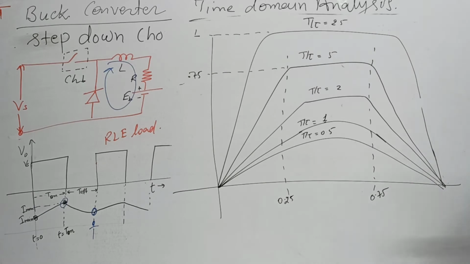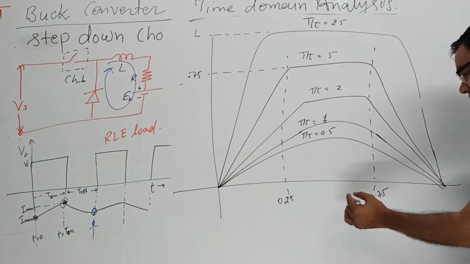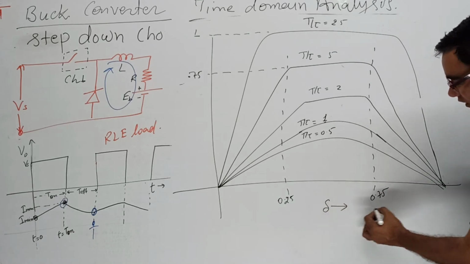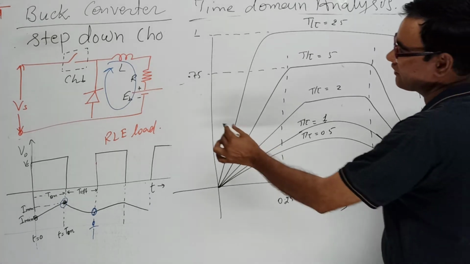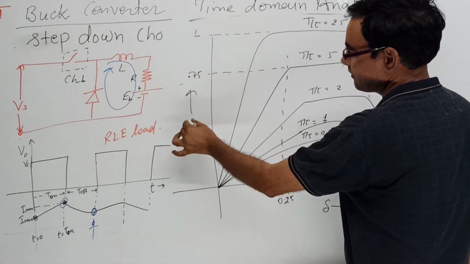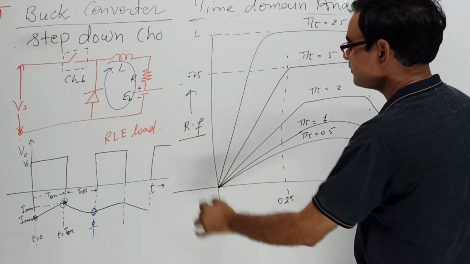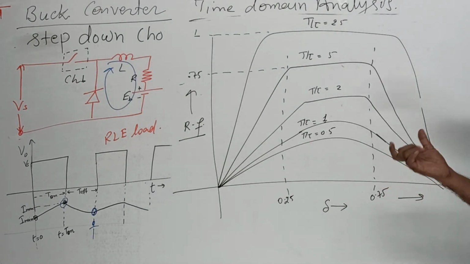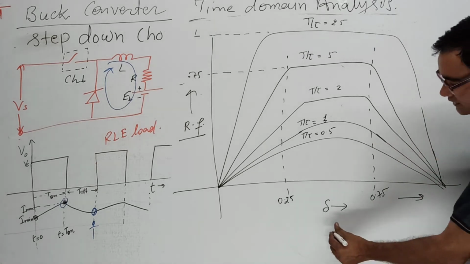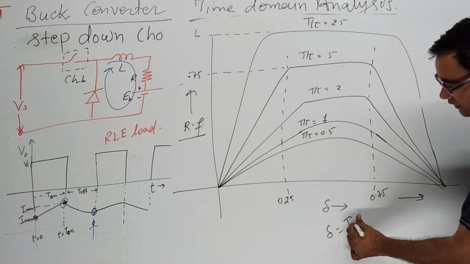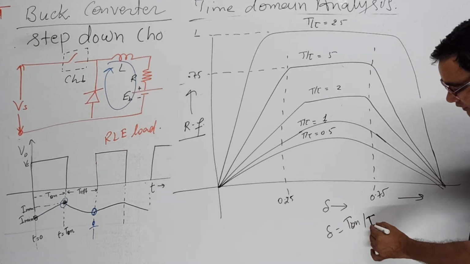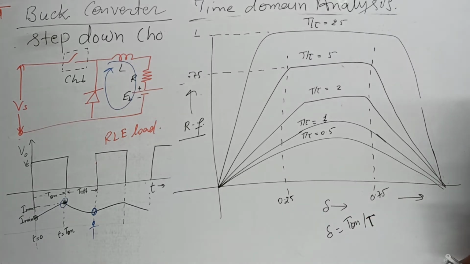This is nothing but the duty ratio. Here is the duty ratio, here the ripple factor. The duty ratio is nothing but T on divided by T, the ratio of the time.